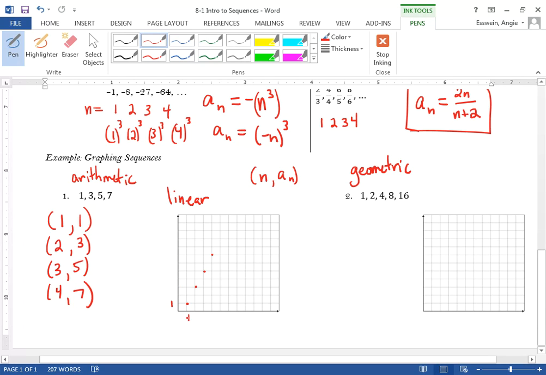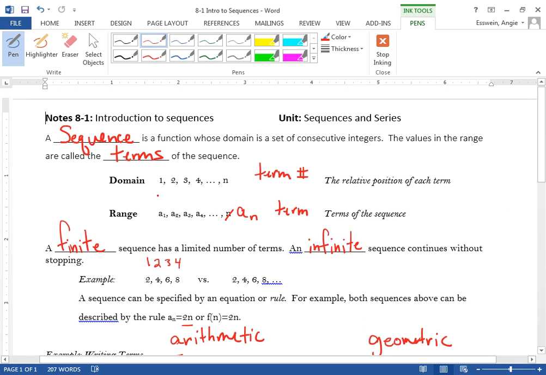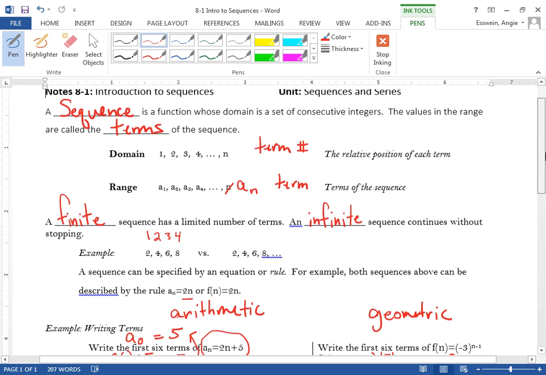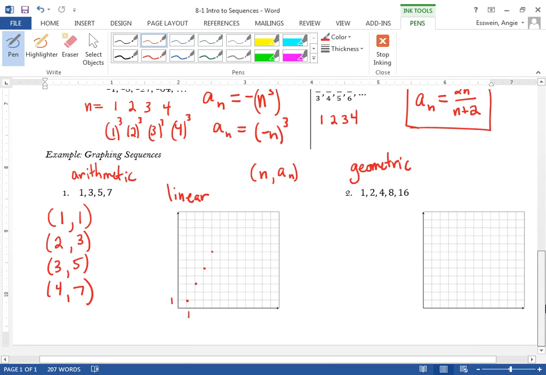Is there such thing as a term 1.5? Okay, there isn't, because let's go back to the definition. For a sequence, the domain is consecutive integers. 1, 2, 3, 4. You can't have term 1.2, 1.3. So you would not connect those. So your graph would be left as discrete.